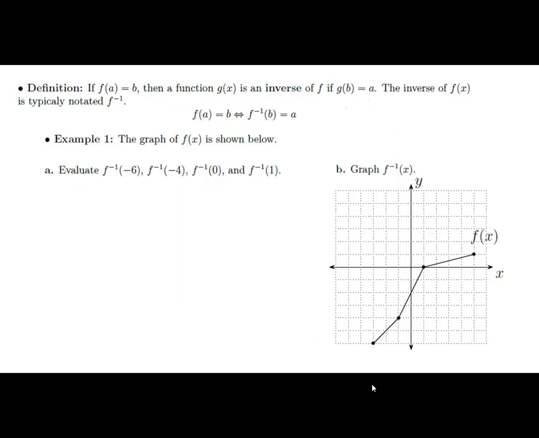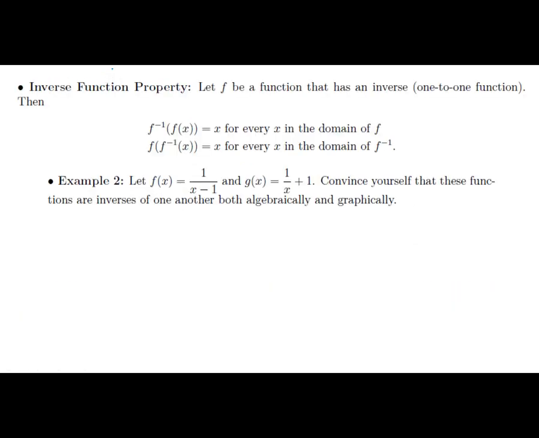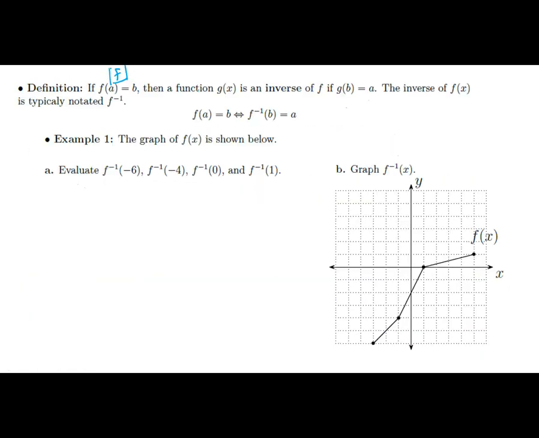So here, when we formally define what an inverse function is, we're essentially saying that if this function f takes a and spits out b, then my inverse function would be the one that does just the opposite, right? That basically undoes it.